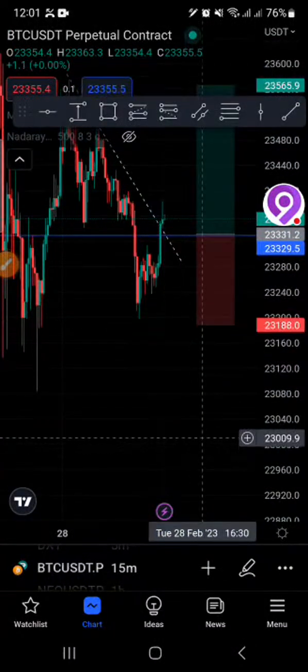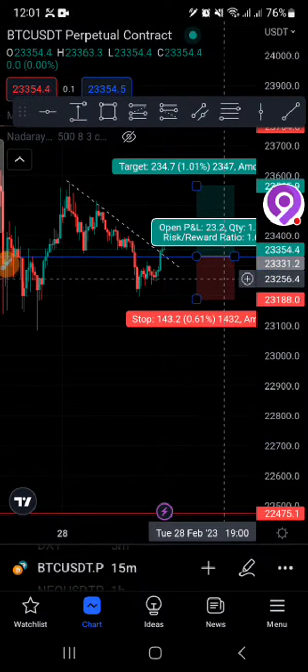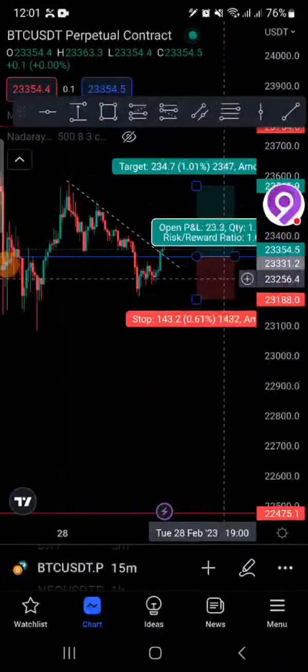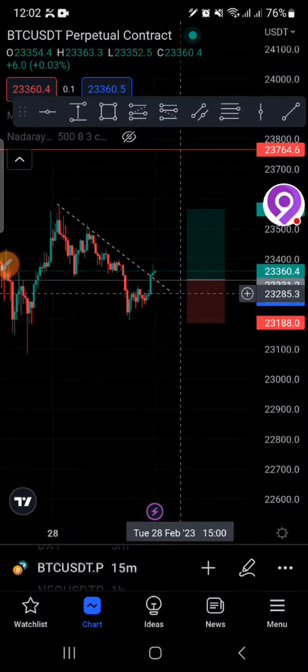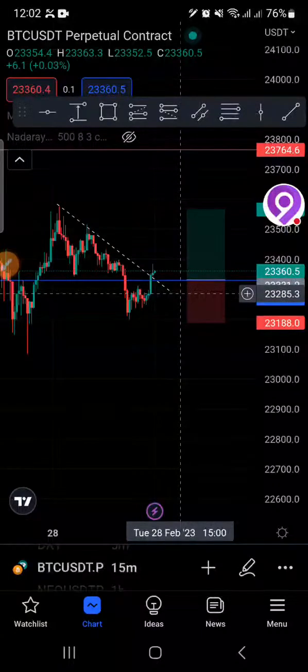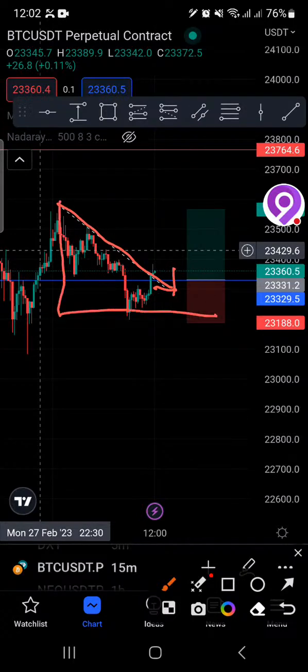Just in case it pulls back, that's about a 2 to 1 ratio. So this is a double bottom, descending triangle. See that? This is already the breakout, as you can see.